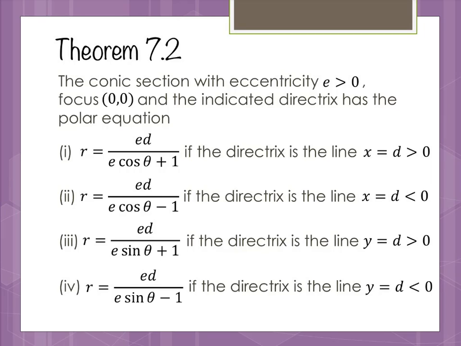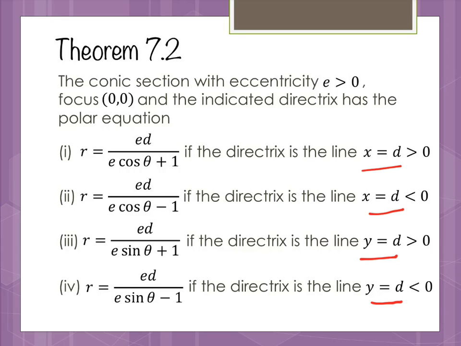They are all very similar, right? Tell me something you're noticing different about them. Some of them have sine, and some of them have cosine, and some of them have +1, and some of them have -1. Those pieces are changing based on how the directrix is defined. We've got 2 of them that have vertical directrix, x equals, and 2 of them that have horizontal directrix, which is y equals.